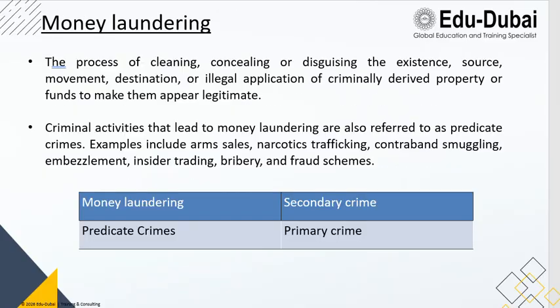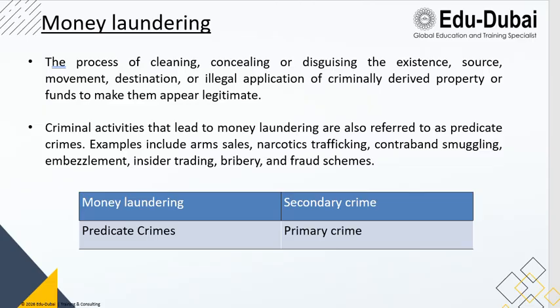Let's first discuss money laundering. I have already told you what money laundering is. For every money laundering there will be a predicate crime. The predicate crime is the source where the money for the money laundering is generated.